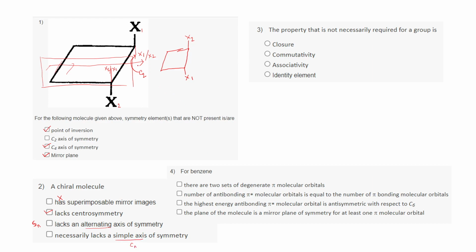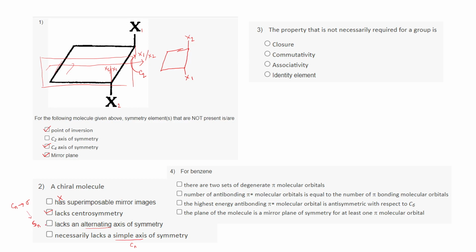What we do here is, for Sn, we perform a Cn rotation, and then we apply a mirror symmetry operation perpendicular to the Cn principal axis. Then it is known as the alternating axis of rotation, Sn.